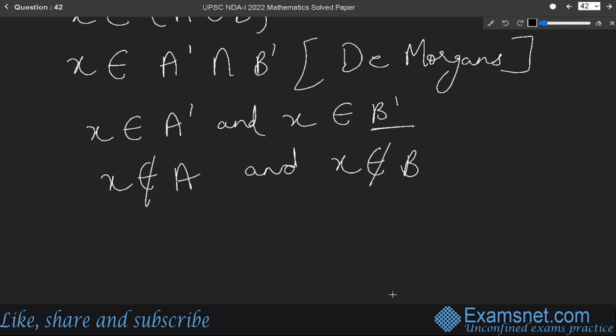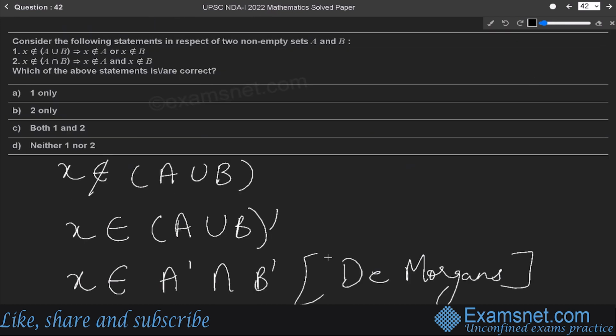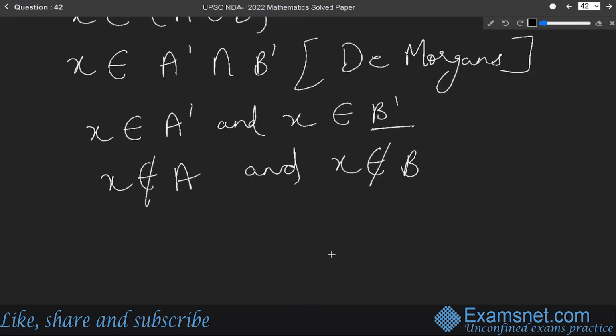So it will not be in both of these. And option 1 says x does not belong to A or x does not belong to B. So this 'or' part is wrong. So statement 1 is wrong because we have found that x does not belong to A and x does not belong to B. So it does not belong to both of them.